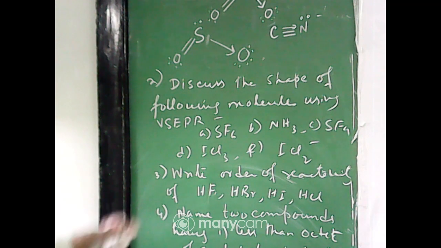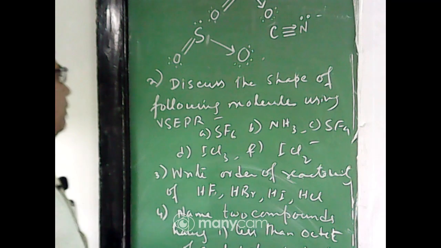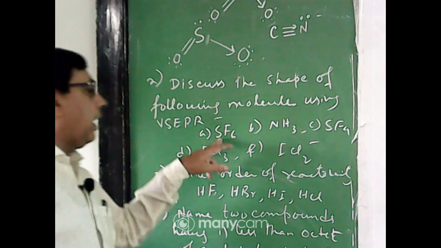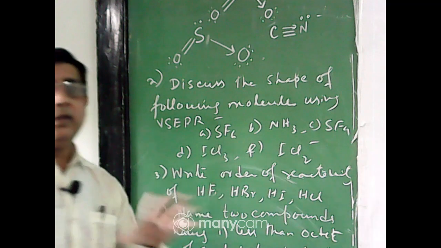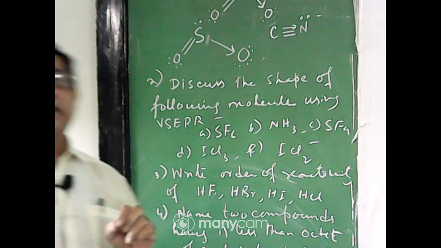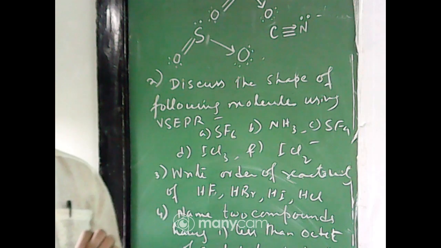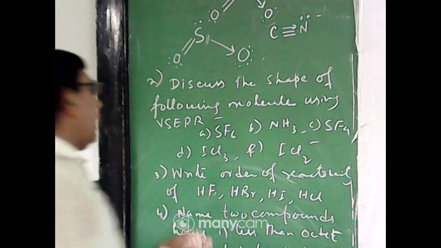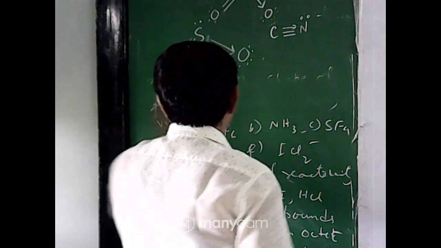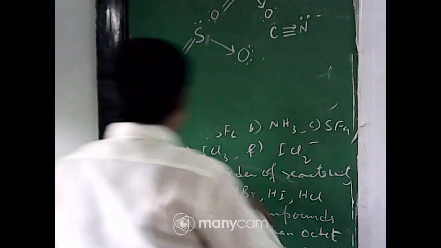Now next question. Discuss the shape of the following molecules using VSEPR pair rule. Now how many bond pairs does sulfur have in SF6? The number of bond pairs is 6. Sulfur has 6 valence electrons, so the number of lone pairs will be 0. If the number of bond pairs is 6 and lone pairs 0, what will be the ideal shape?